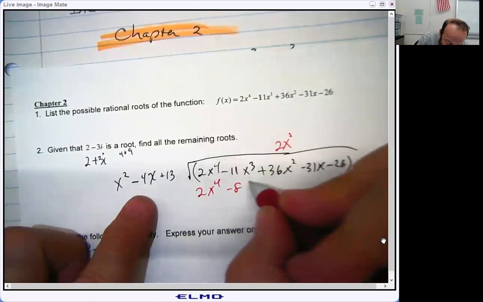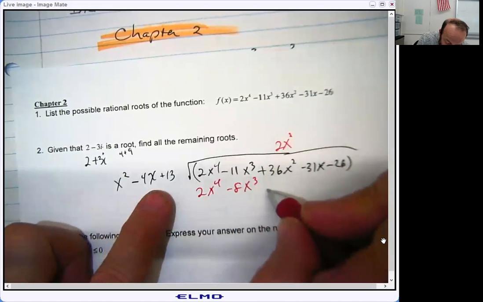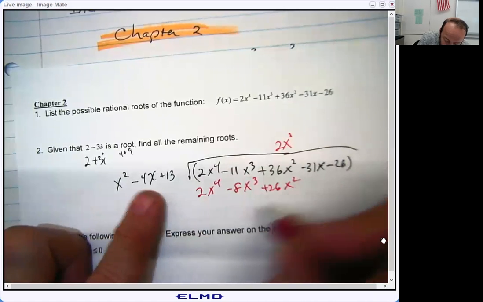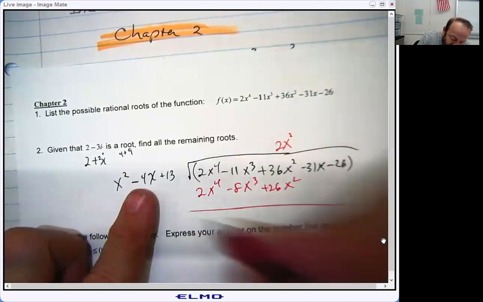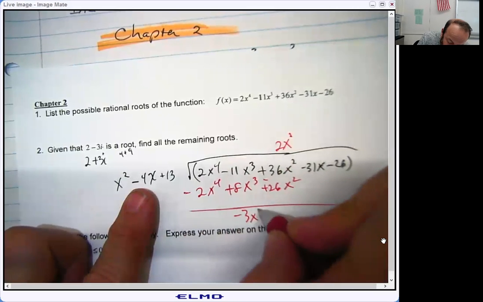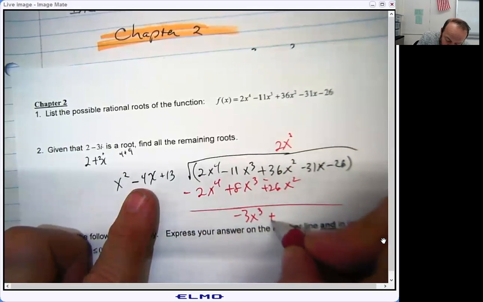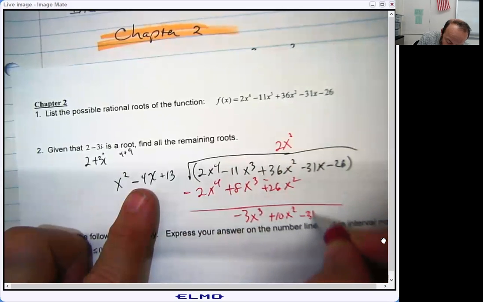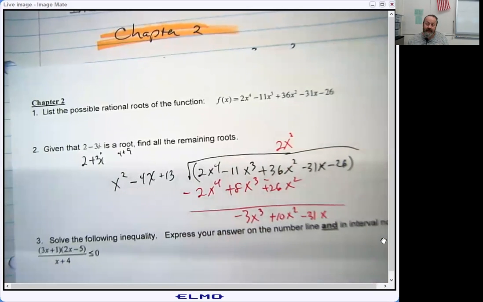We could have a negative 8x to the 3rd plus 26x squared. We could change our signs and add down. The thing that we are guaranteed in this particular problem is that when we're all done, the remainder is going to be 0. So I kind of got it started, but I'm going to go ahead and finish it in the other way.